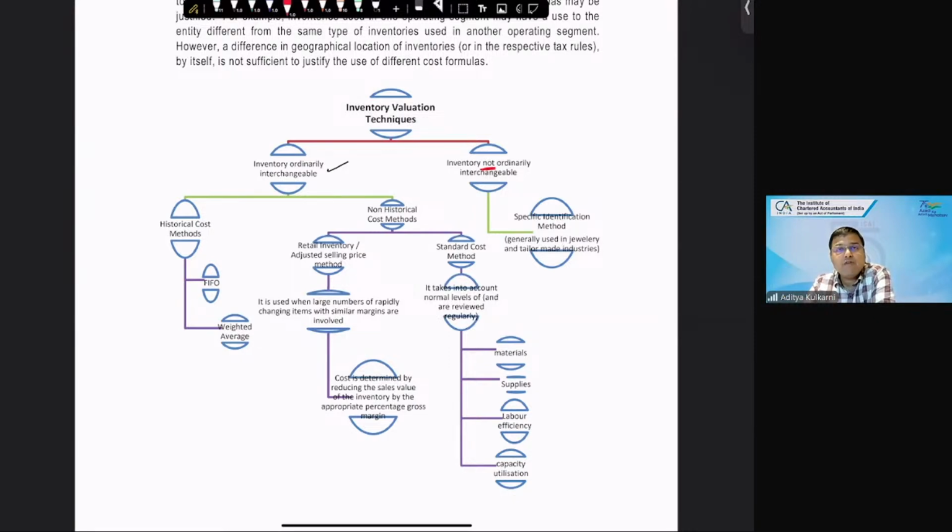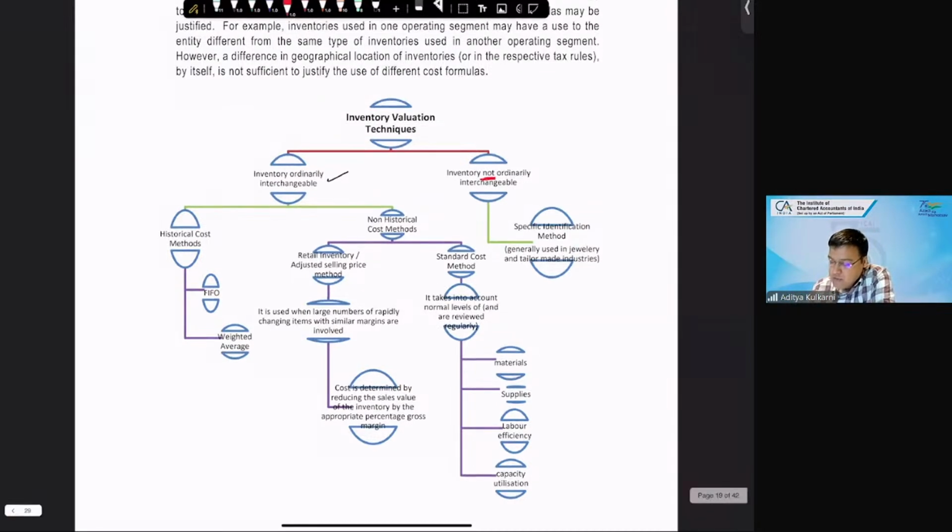So when I have to value the inventory that I am manufacturing for a specific customer, I cannot follow regular FIFO, LIFO, historical cost, etc. This inventory has a special purpose for a special customer, made in a special manner. And therefore, I will be using the specific identification method. Generally, we use it in jewelry and tailor-made industries.